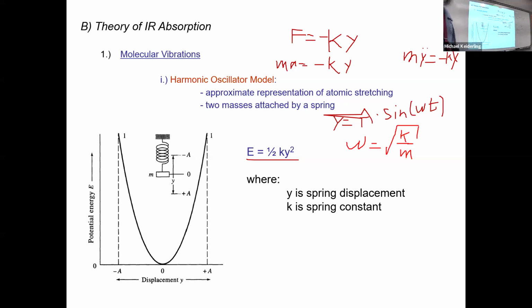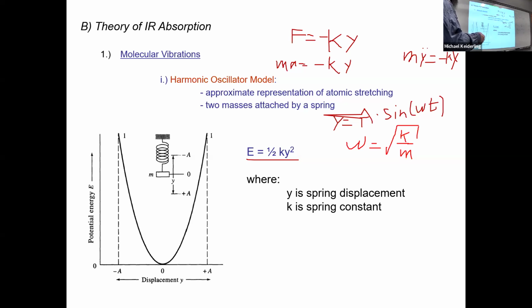So for a mass on a spring, force is equal to minus k times displacement from equilibrium. The mass times acceleration is minus k times displacement from equilibrium. Here they're showing it with a vertical spring, so y. So mass times the second derivative of y is minus k y.